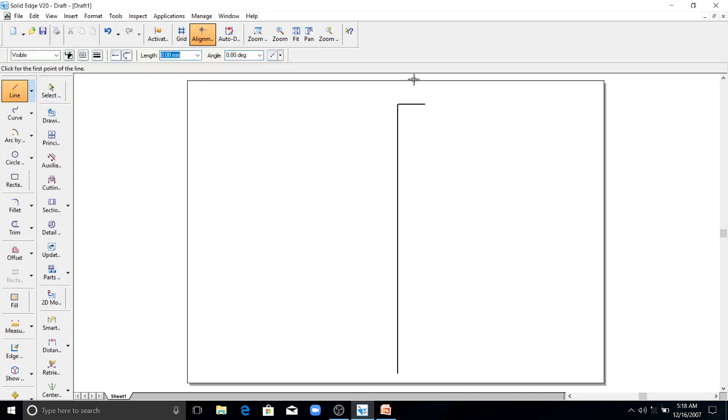The thickness of the plate is 9 mm, so I will draw 9 mm. There are two plates, so draw another 9 mm plate here. The length of this plate can be any length, there is no specific length for this.